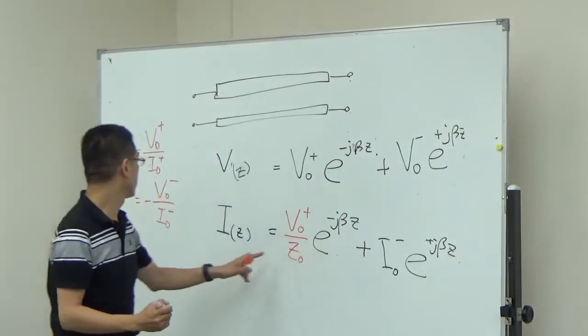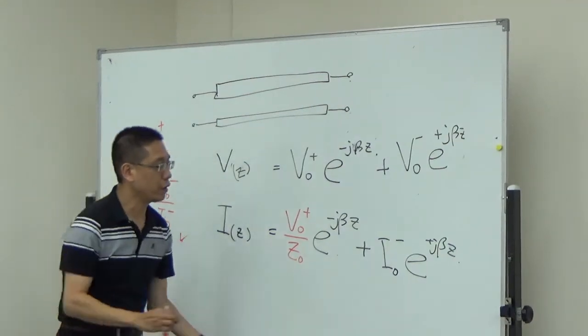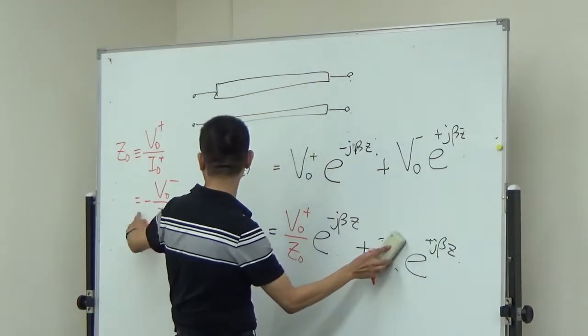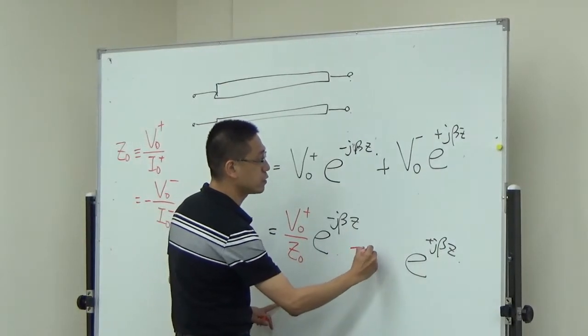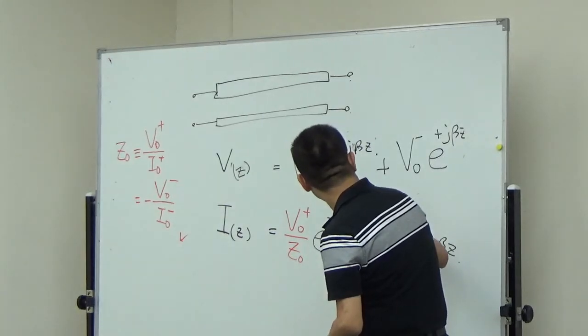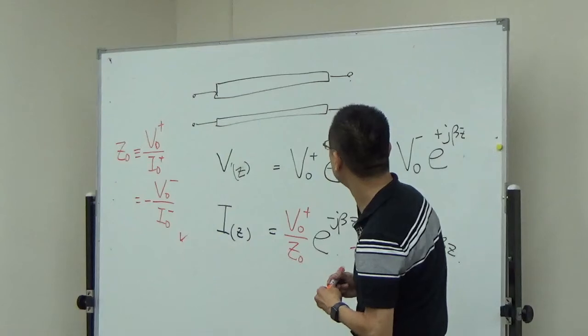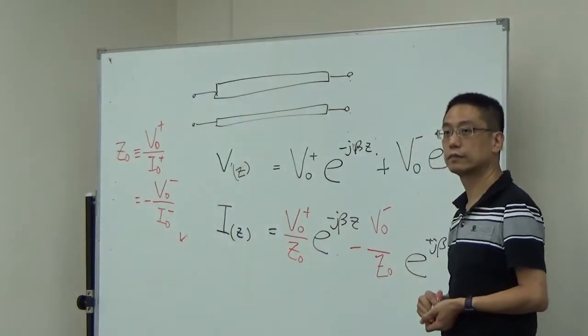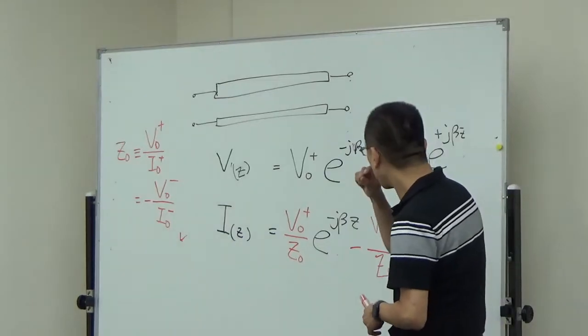For this term, according to this equation, it can also change because this is minus V0 minus over Z0.